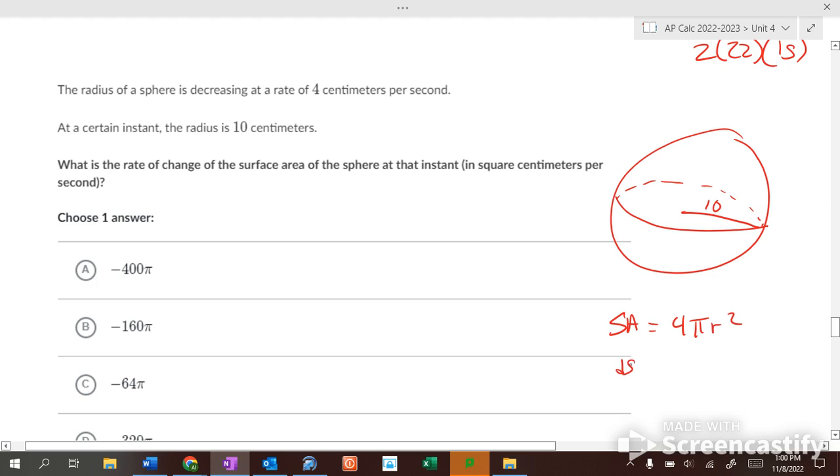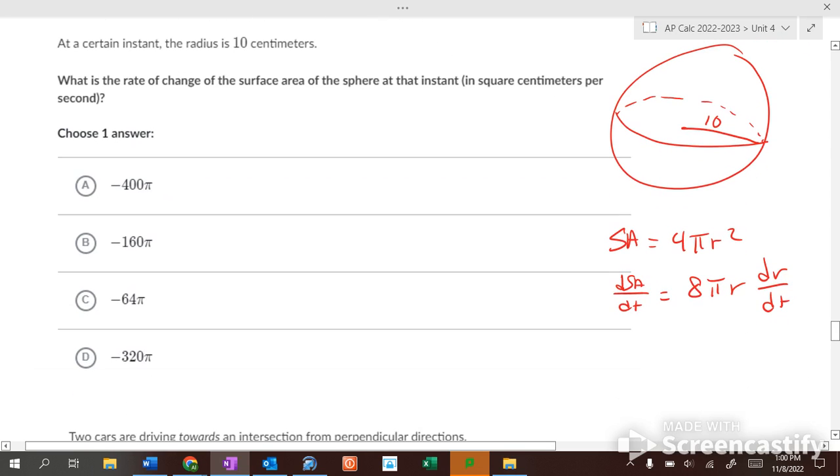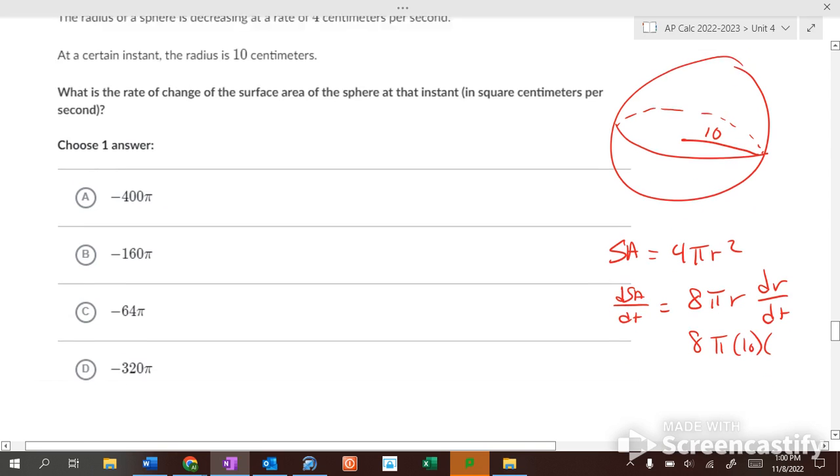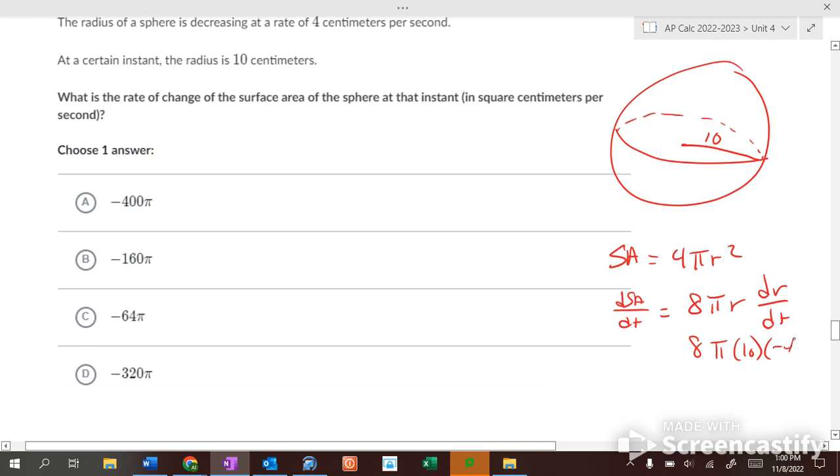So dSA/dt equals 8 pi r dr/dt. And then it's just simply 8 times pi times 10 times, is it -4? Yep, -4, which is like -320 pi. Okay?